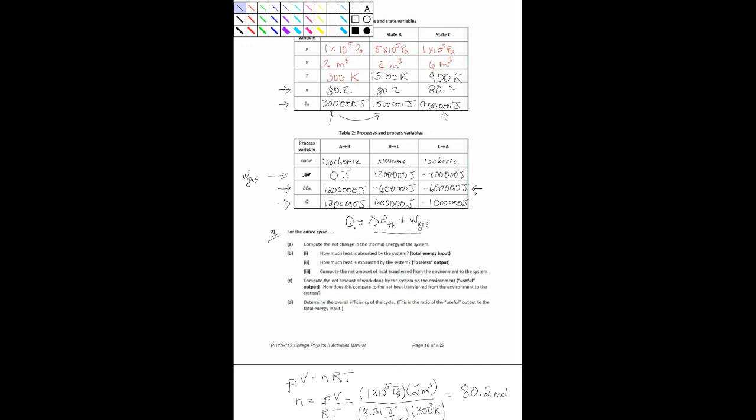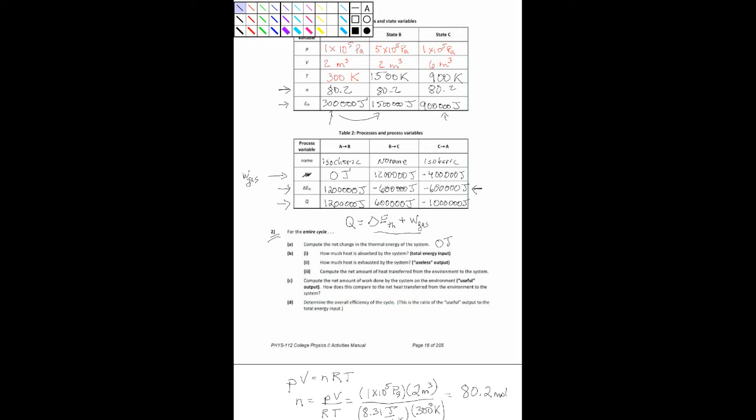We have 3 changes in thermal energy, and if we add these all together, they add to 0. So the net change in the thermal energy is 0 joules, and this makes sense. In our cycle, we go from state A to state B to state C, and then back to state A. So when we're in state A, we should be back to the same thermal energy we started with. So this 0 joules does make sense.